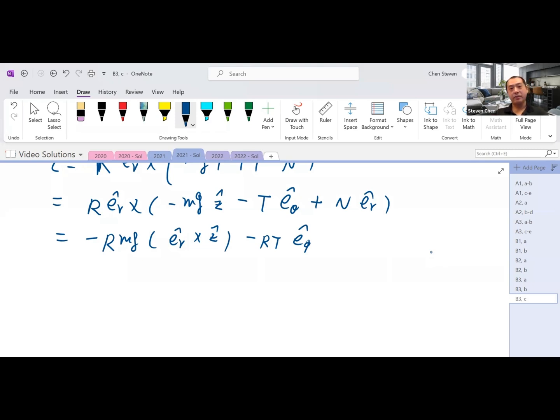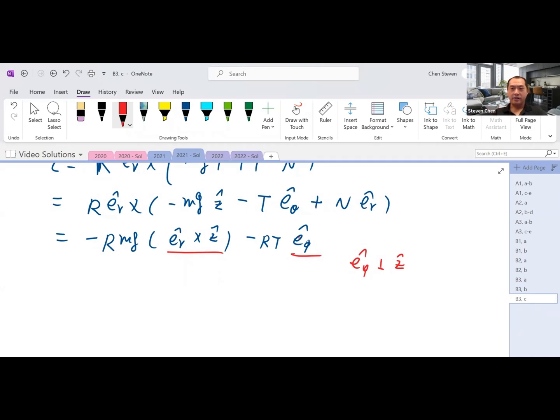Let's look at them. Recall that my intention is to show that the torque doesn't have a z component. Let's see whether it is true or not. First, let's see E phi. Because E phi is a unit vector in the latitude direction, the latitude plane is always perpendicular to the z axis. So we know that E phi is perpendicular to z, right? And then let's look at the first term.